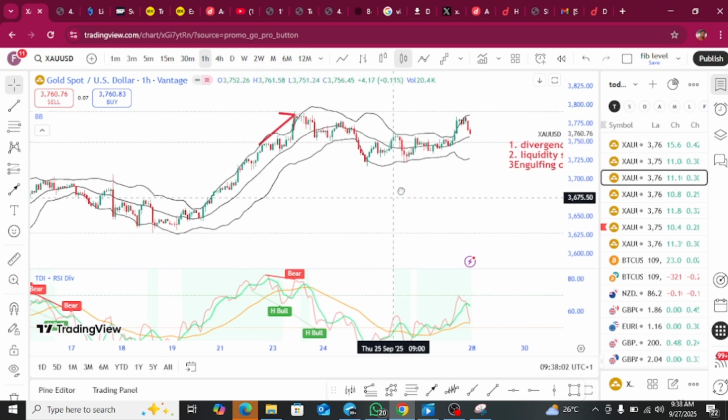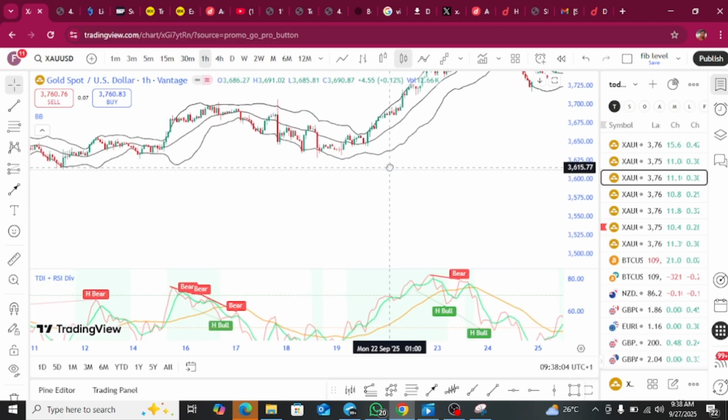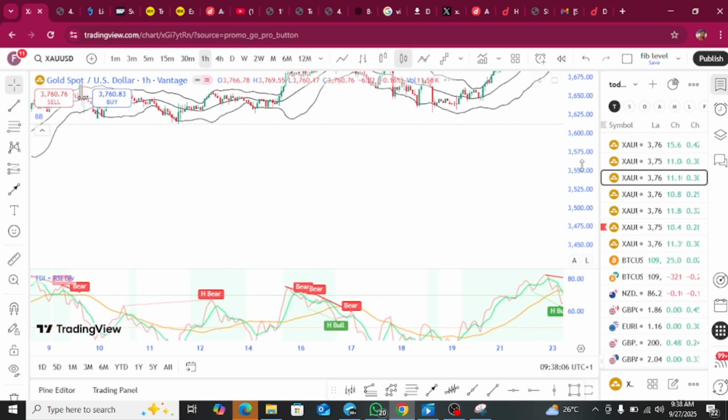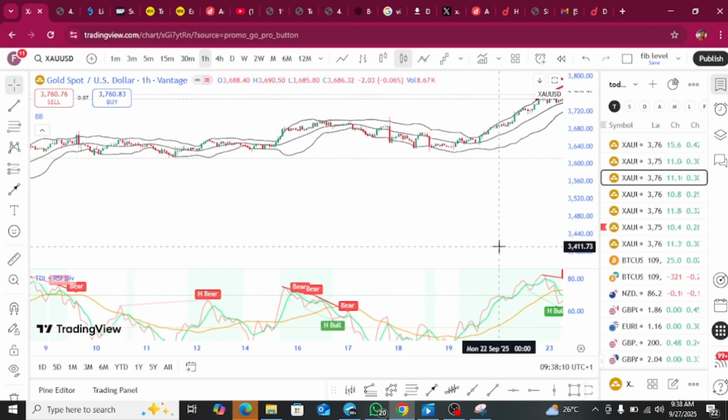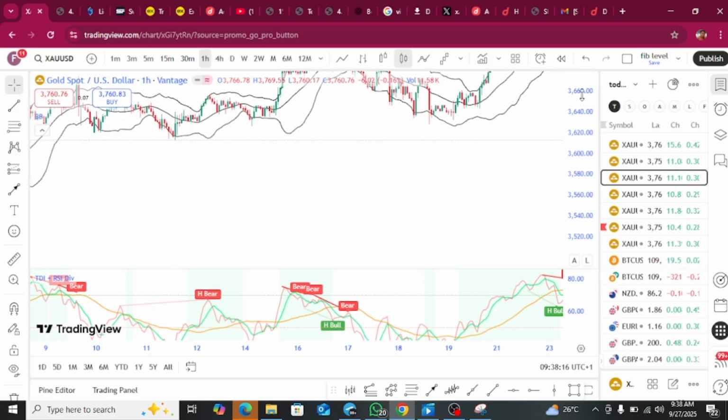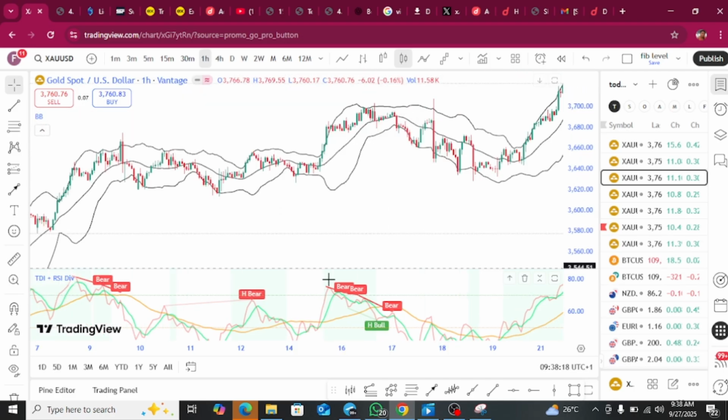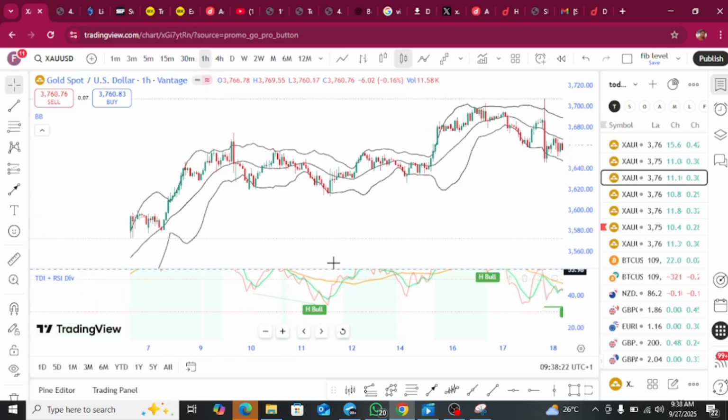For a bullish buy, what they look out for is when price makes a lower low and the RSI makes a higher low.